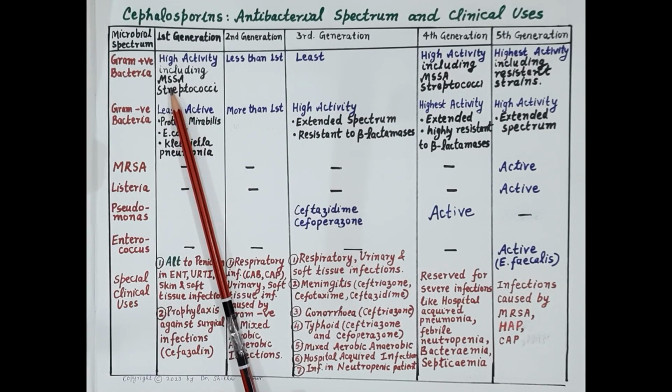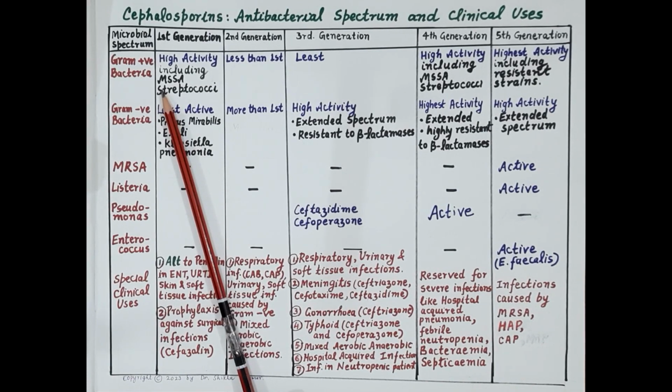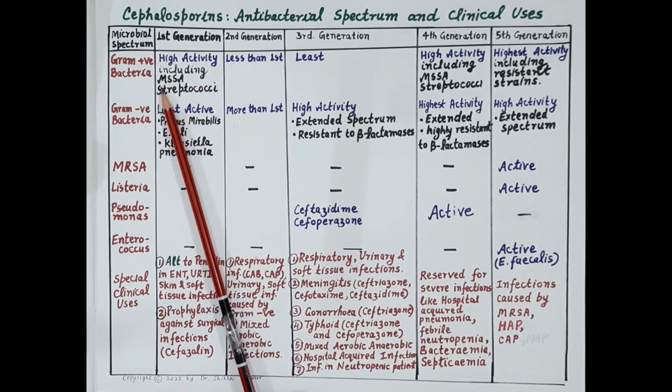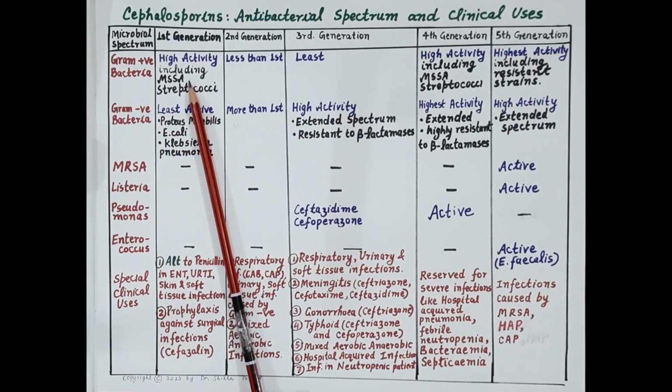So none of the penicillins except methicillin class of penicillin is active against beta-lactamase producing staphylococci, and thus these bacteria are called methicillin sensitive Staphylococcus aureus, in short MSSA.